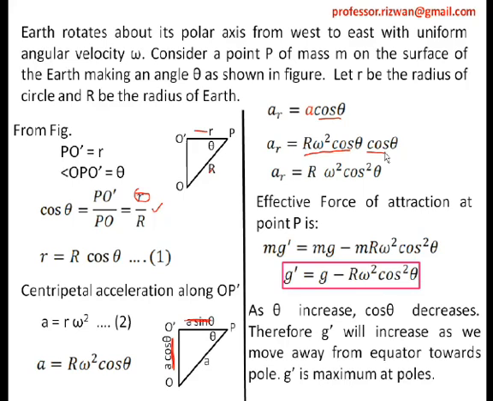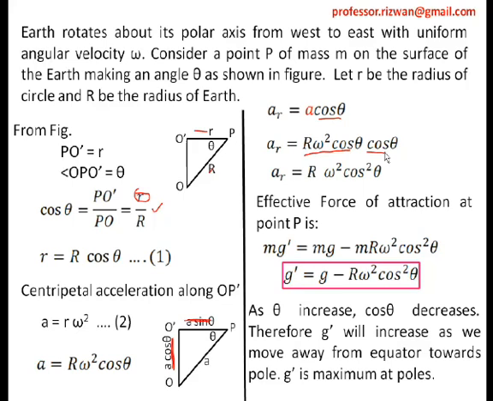So as theta increases, cos theta decreases, therefore g dash will increase as we move away from the equator toward the pole. What does it mean? The physical interpretation is that at the pole, when theta is equal to 90 degrees, cos 90 is equal to 0. So g dash is equal to g. In that case, the value of g dash is maximum, that is 9.8 at the poles.